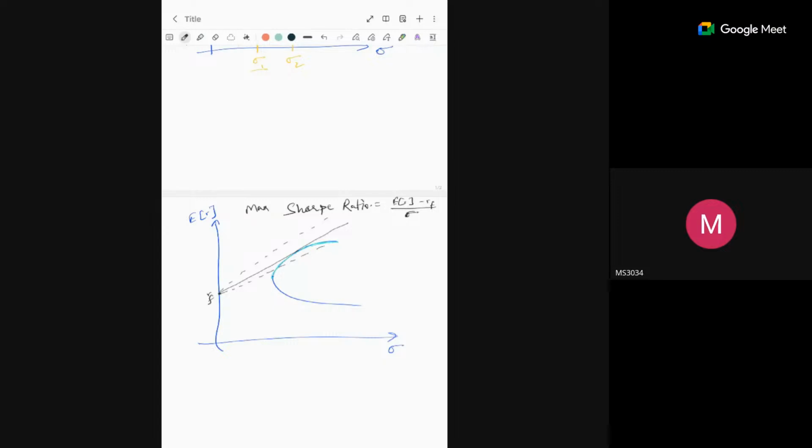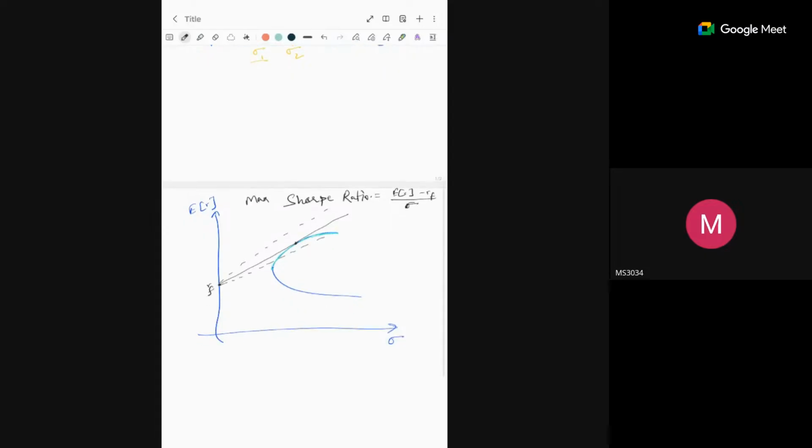You want to maximize the slope, but you want to choose one from your efficient frontier. The one that would maximize the Sharpe ratio would be the one which is just tangent to your efficient frontier, and the point at which it touches your efficient frontier would give you your optimal risky portfolio.